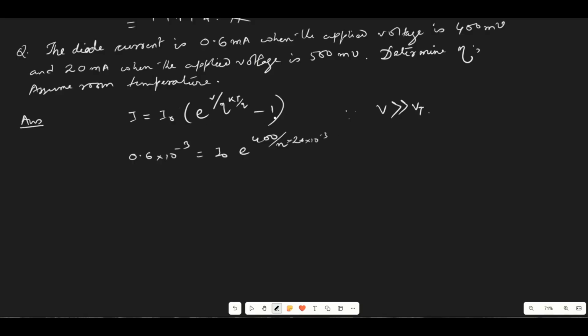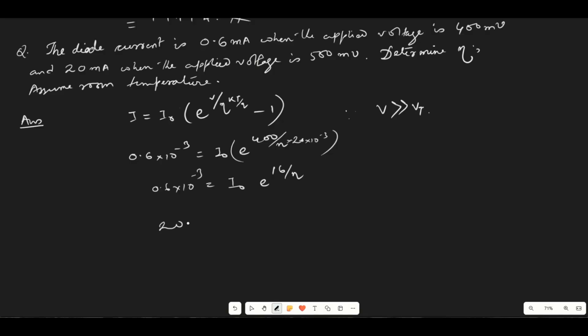Then this minus 1 can be neglected considering the input voltage is higher than unity. Then this will be given as I naught into e to the power 16 by eta. So this is 16 into 10 to the power minus 3.